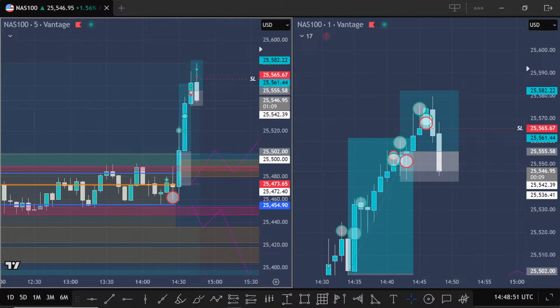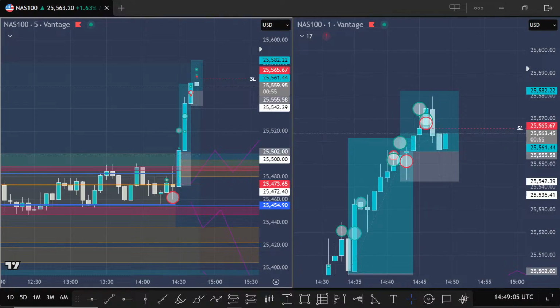The value area has shifted a lot. Okay, that's pretty bullish.